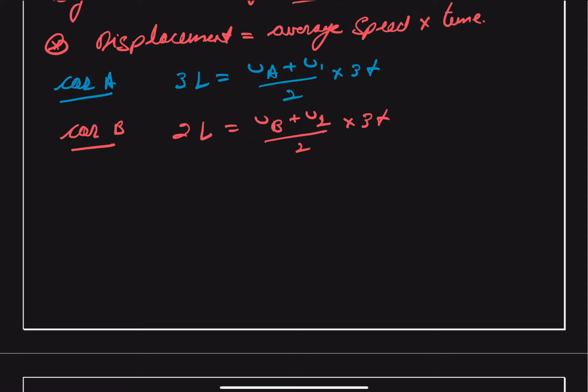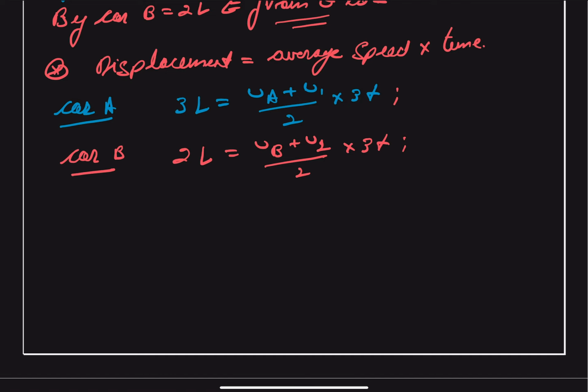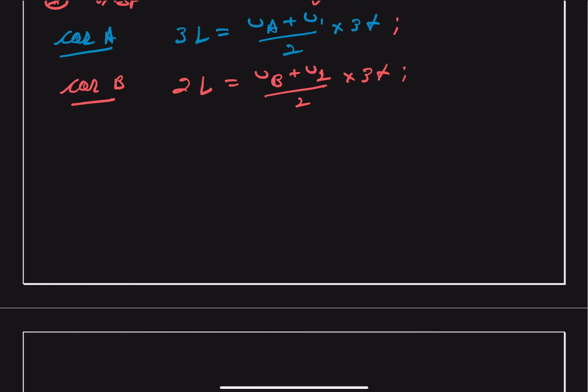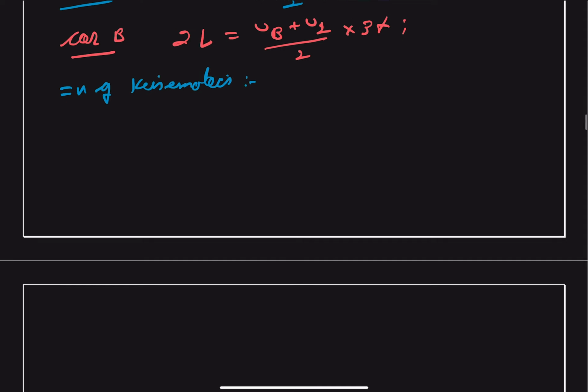We can also write equations of kinematics for car A as well as car B. For car A we are going to use V = U + AT: the final velocity is V1, the initial velocity is VA, plus let us suppose the acceleration is AA, and time is 3T.